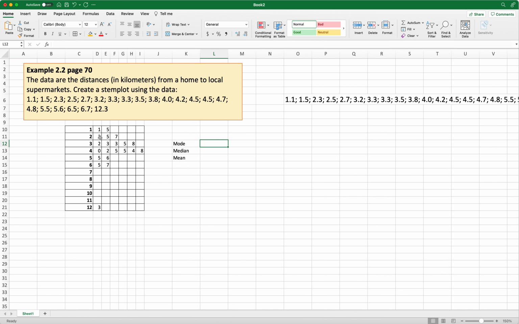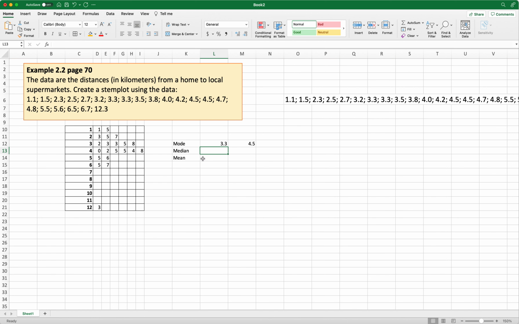I have 2 occurring twice, 3.3, and the only other one that occurs twice, just looking at it, is 4.5. So the mode is 3.3, and it could be 4.5. Mode is the one that occurs often.